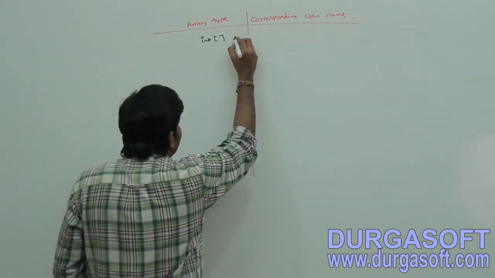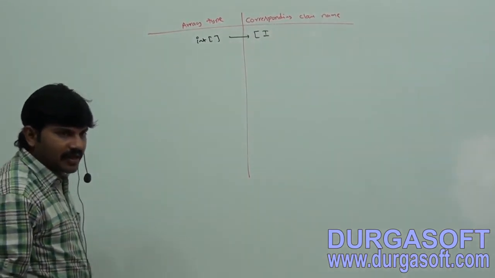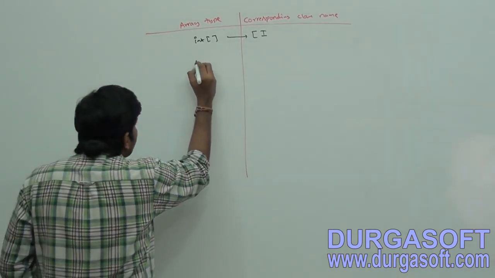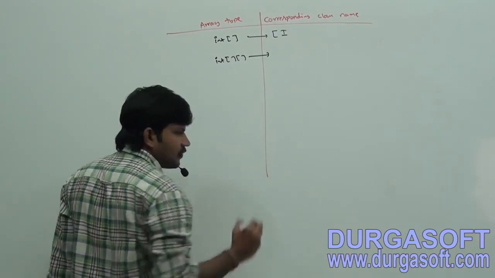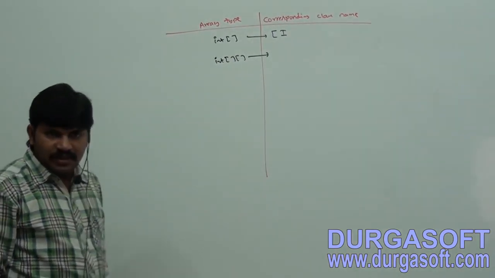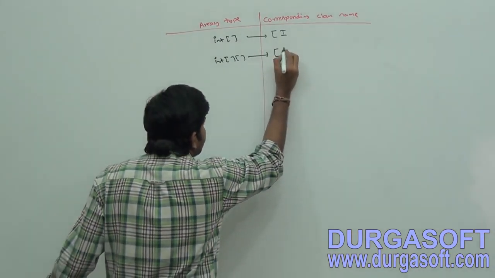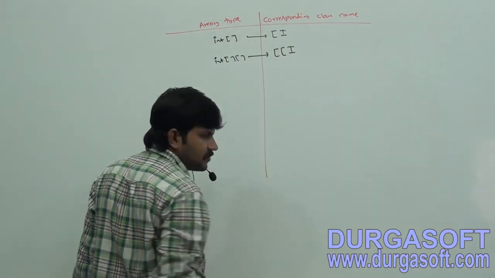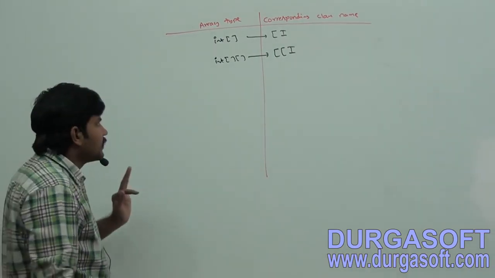Can you tell what the corresponding class name is? It is [I. Now a two-dimensional int array I am taking, so here it is [[I.